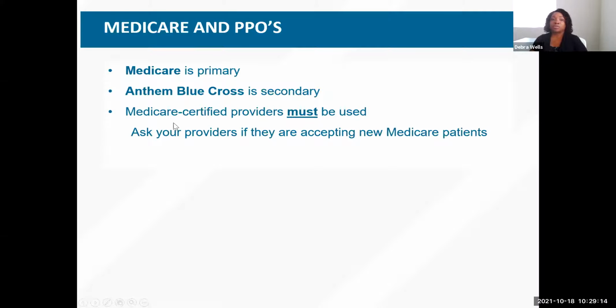Remember, you must use certified Medicare providers. The best way to find out if your provider accepts Medicare is to just ask your provider directly, ask their billing office. But if you want a list of providers that accept Medicare, you can log on to the CMS website, and there you will have a list of providers by zip code.